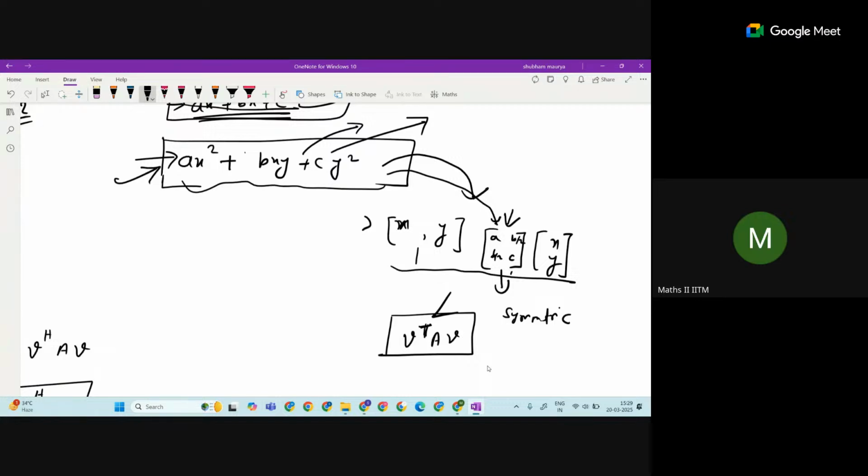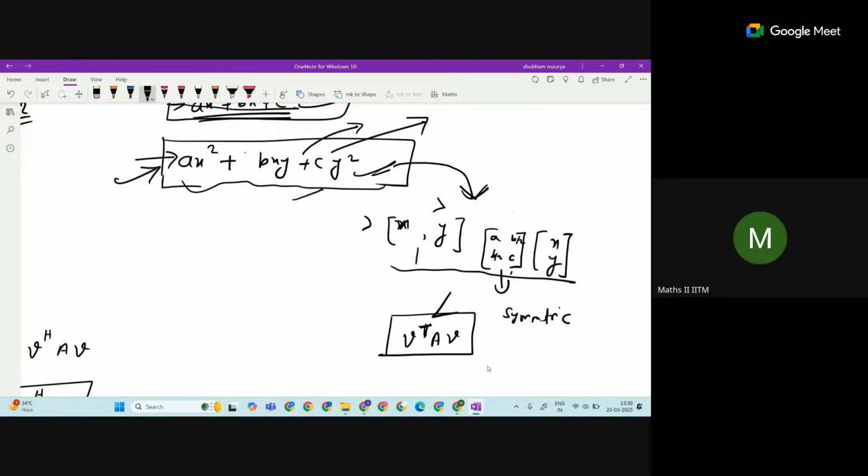So we are connecting this form to linear algebra. This form is a function, a quadratic function, a quadratic polynomial. That is why it is called a quadratic form, but also a quadratic function. But we are thinking of this form in linear algebra, so that is called a quadratic form.